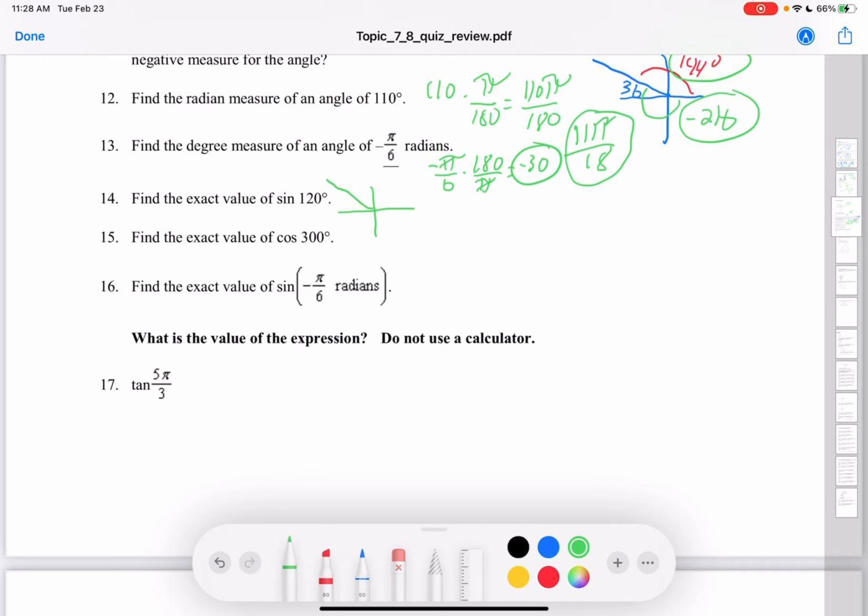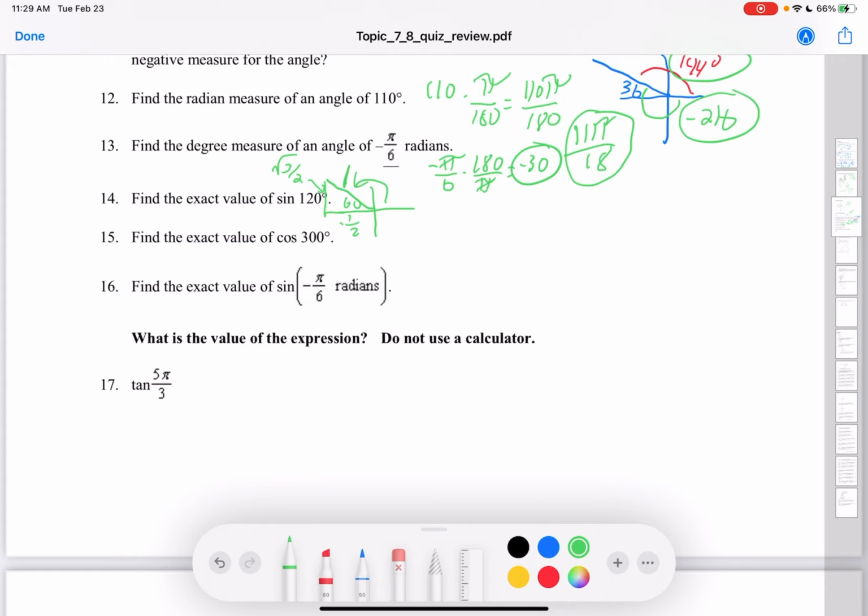Okay, so that's 120 degrees, giving me a reference angle of 60 degrees. I draw my right angle. The hypotenuse is always 1. The side opposite the 30 is 1/2, and this is going to be negative 1/2 in this case. And this side right here, the side opposite the 60, is the square root of 3 over 2. We are asked for the exact value of the sine of 60, and we're going up.